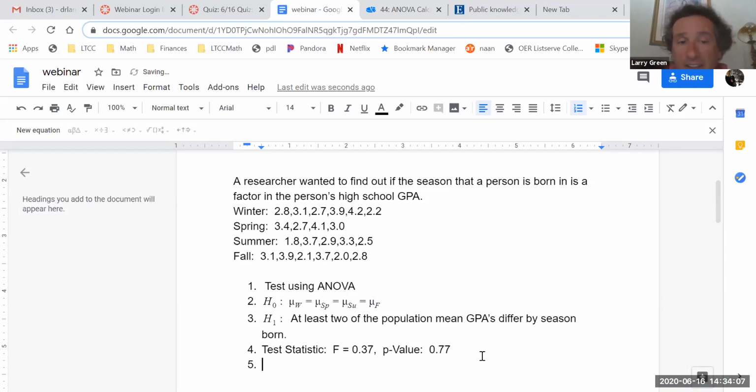And there's our test statistic, and there's our p-value. Any questions on that? Okay, even though we've never done ANOVA before, my guess is that at least the first part, maybe all of it, you're able to write down the conclusion at this point. So what's the conclusion? At least the beginning of it.